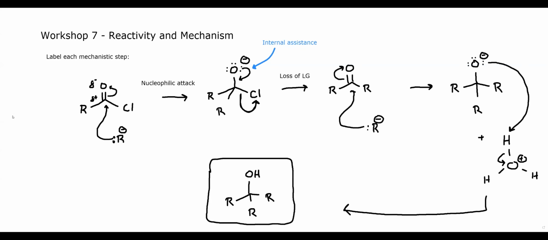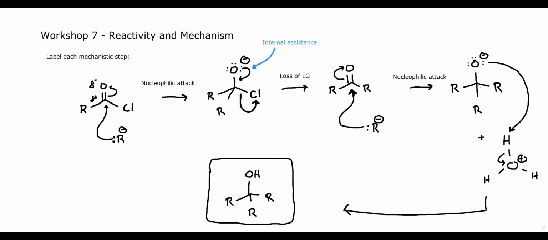Now we are left with this ketone, this simple ketone. And again, we get a nucleophilic attack. Just as before, R minus comes in, attacks the carbonyl, okay? So here's our arrow, attacks the base of the carbonyl, and kicks up the pi bond to be a lone pair on oxygen.